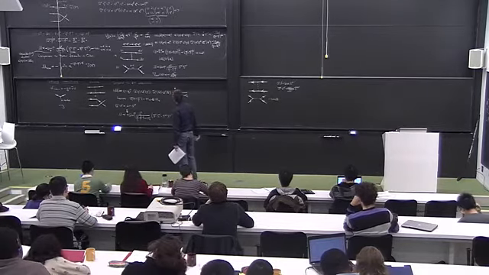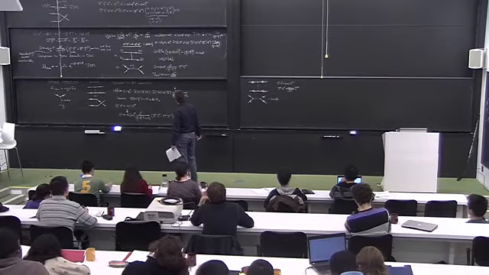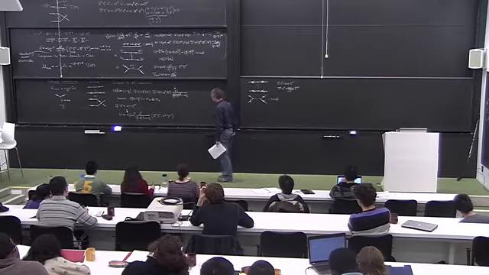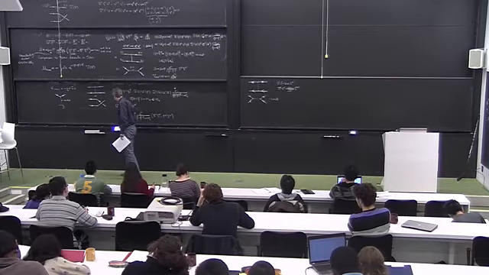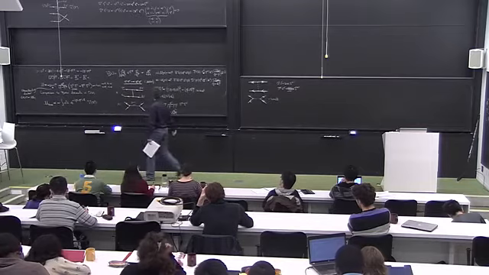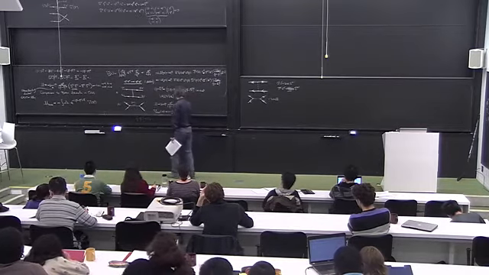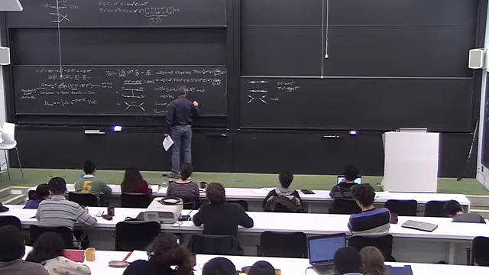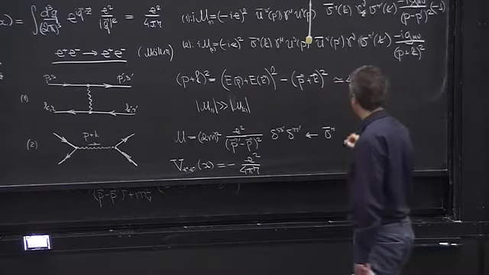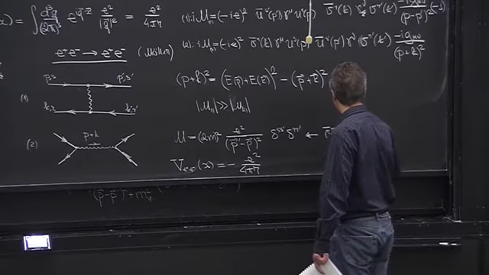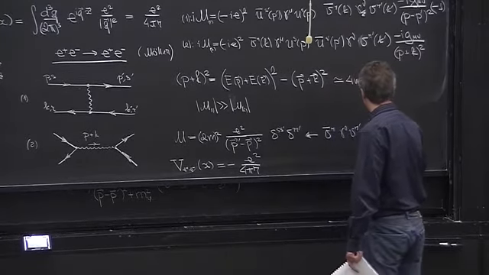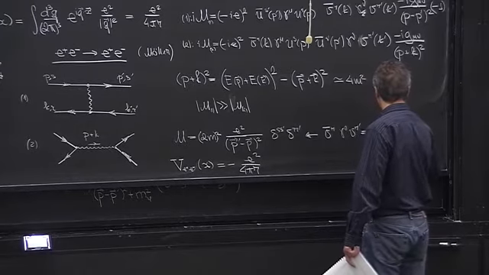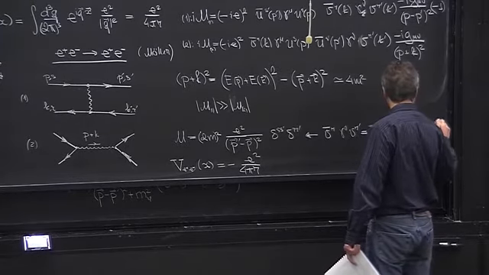You see that the minus here arises because of the spinors. I think I skipped this point a little bit, but here the overall sign depends on the fact that v̄_r γ⁰ v_{r'} is equal to v_r† v_{r'}, which is minus 2m δ_{rr'}.